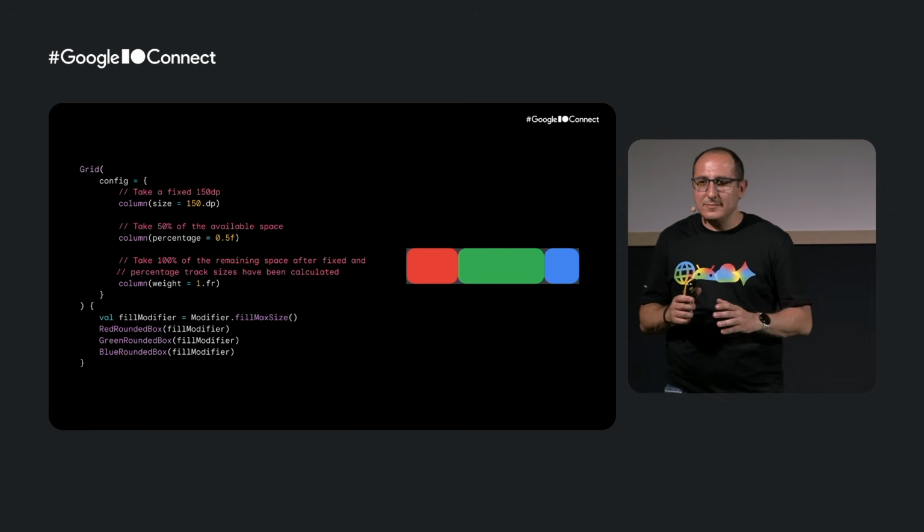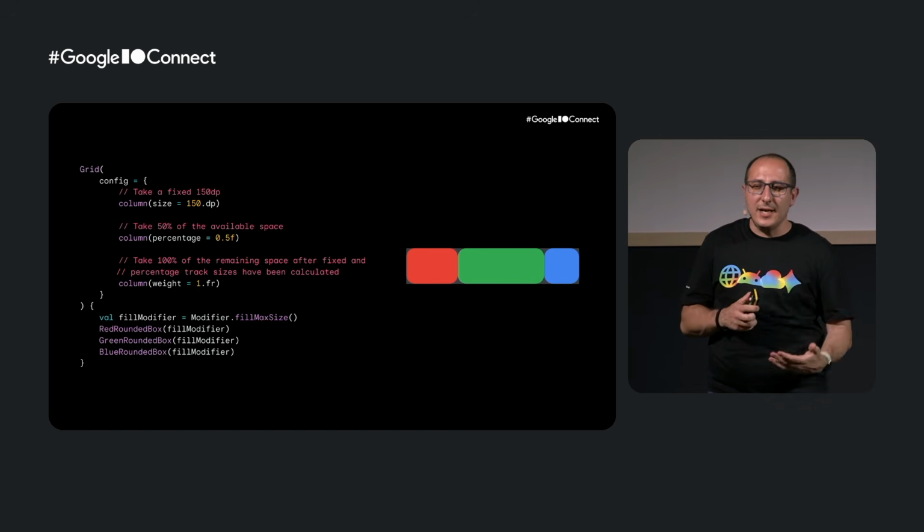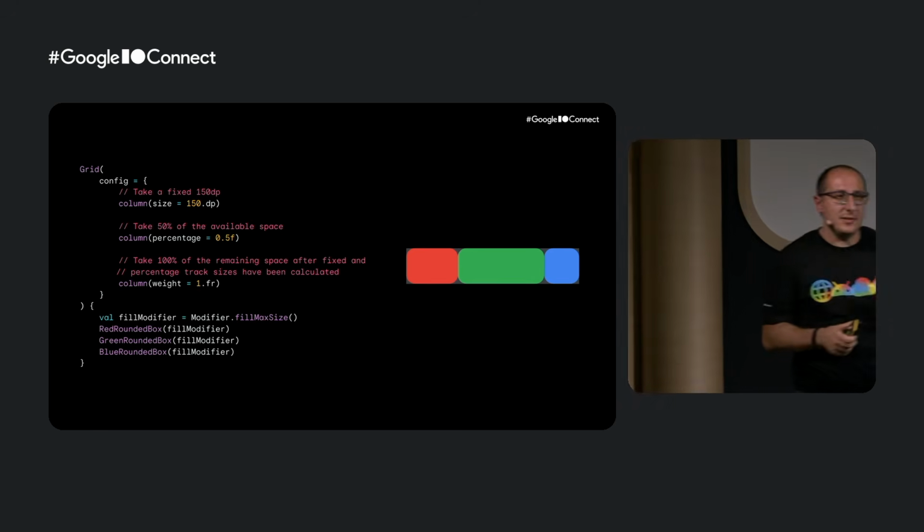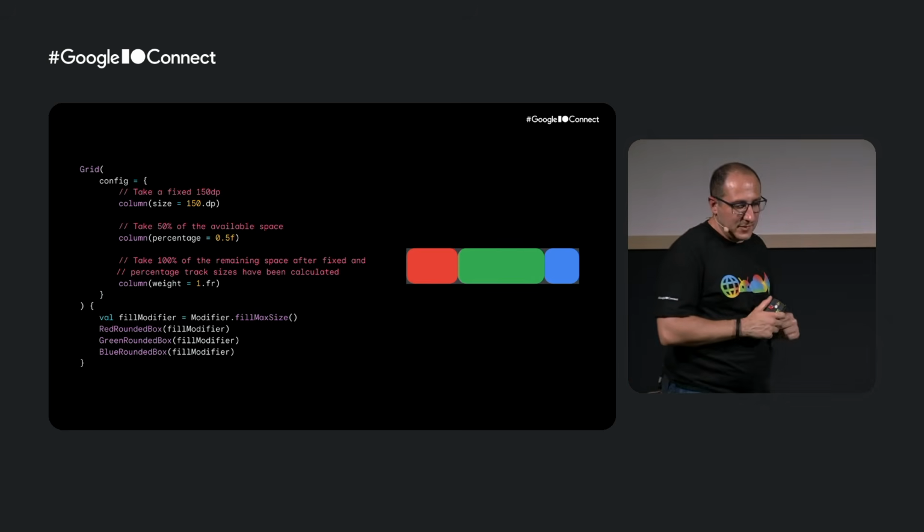To explain in a bit more detail how the .fr works, let's do this little exercise together. So let's try to divide a row in 4 columns of equal size, only using the fr. So we start from the first.